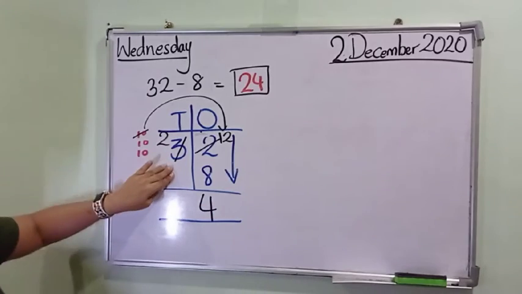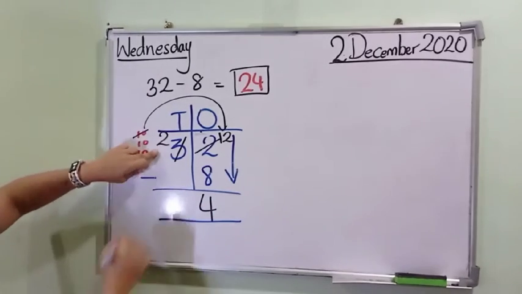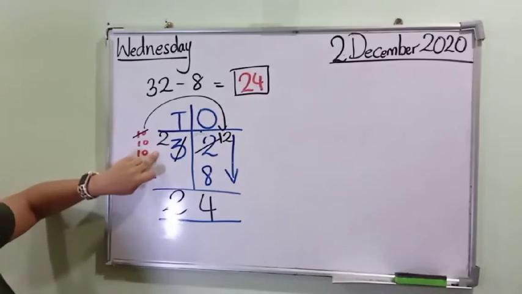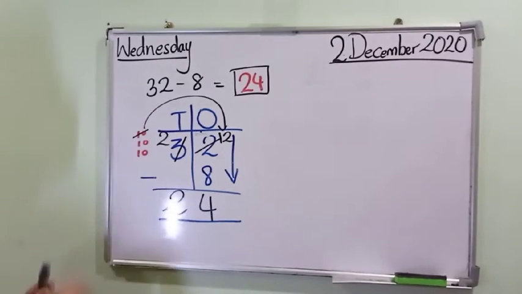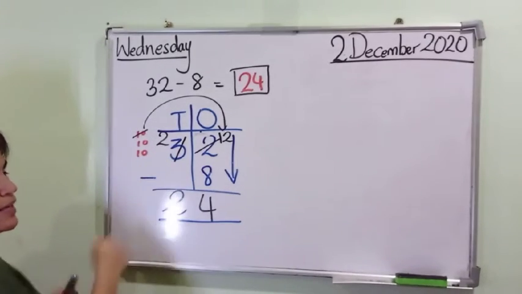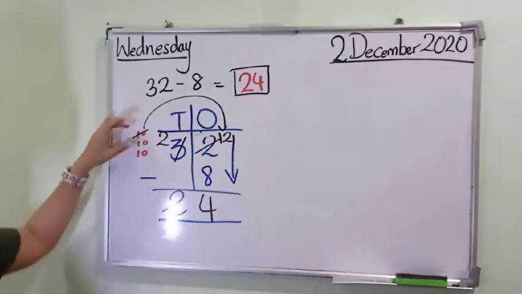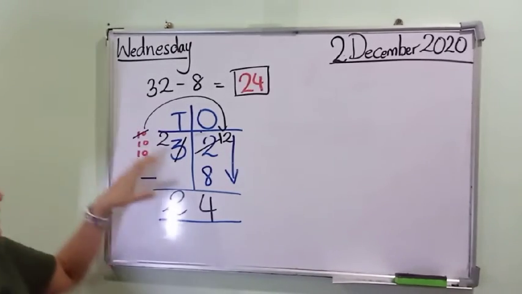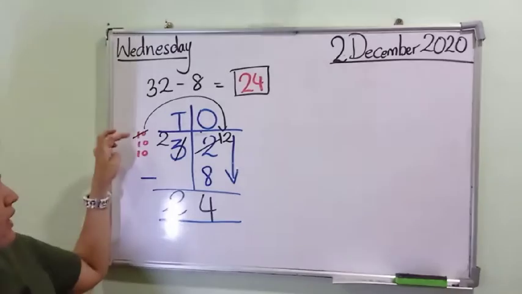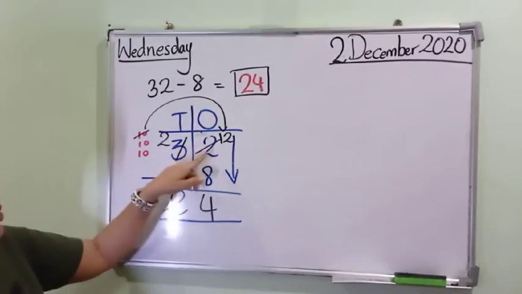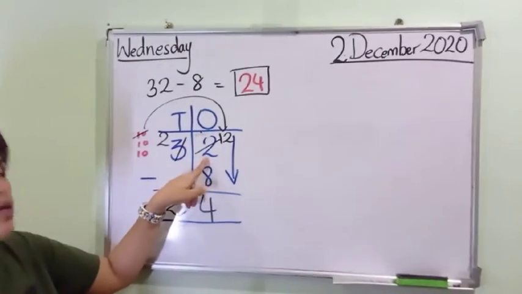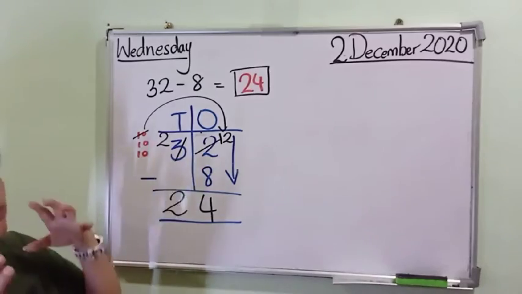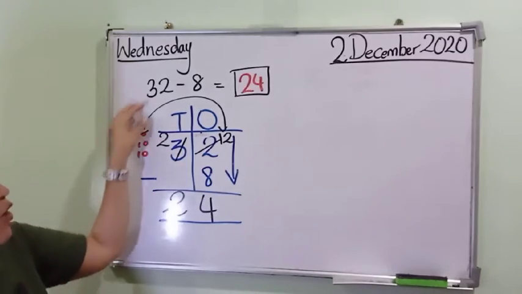Now nothing minus 2 is 2. You are borrowing. You got to knock on the tens place and borrow 1 ten, because here there are 3 tens and 2 is a smaller number. So you make this 2 into a bigger number by adding 10.